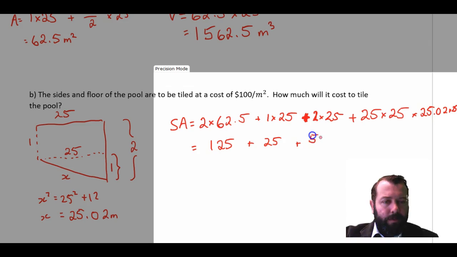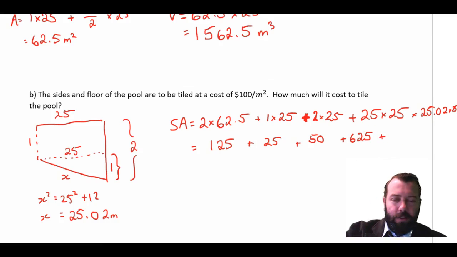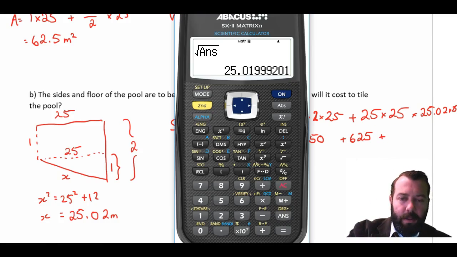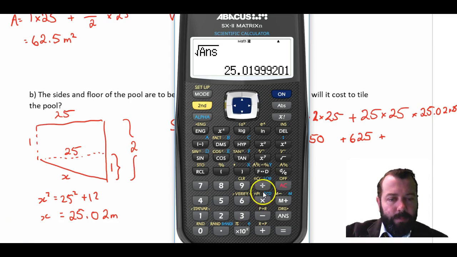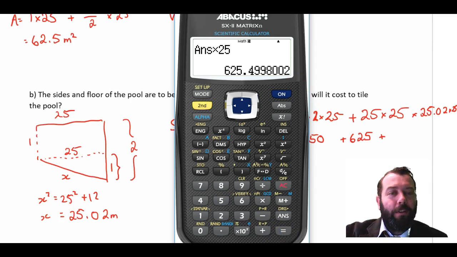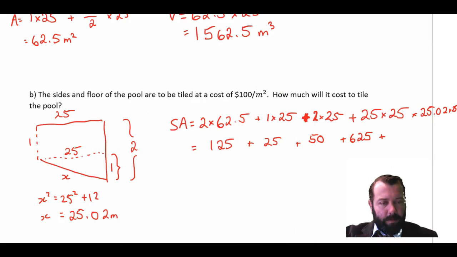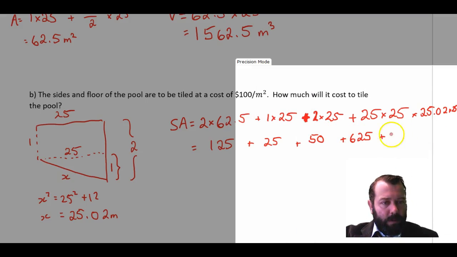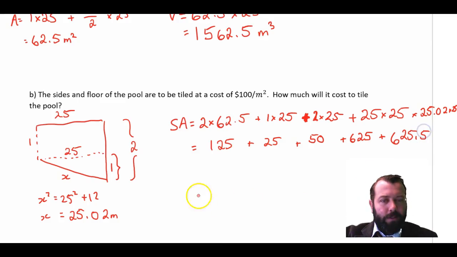Plus 50 plus, now 25 times 25 is 625. Now 25.02 times 25, it's not going to be very much bigger. 625.5, so half a square meter bigger. Plus 625.5. That's quite close enough, I think.